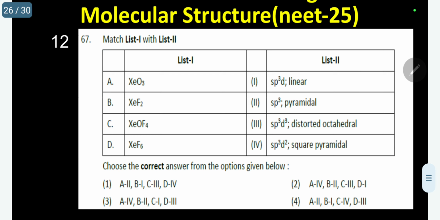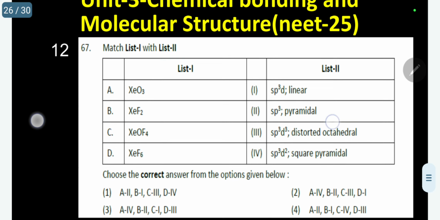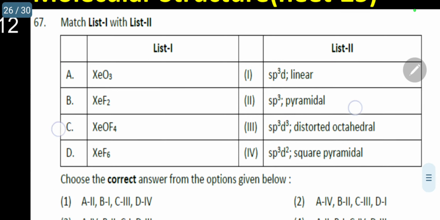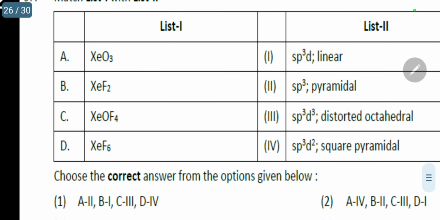Match list 1 with list 2. They have given list 1 molecules: XeO3, XeF2, XeOF4, XeF6.